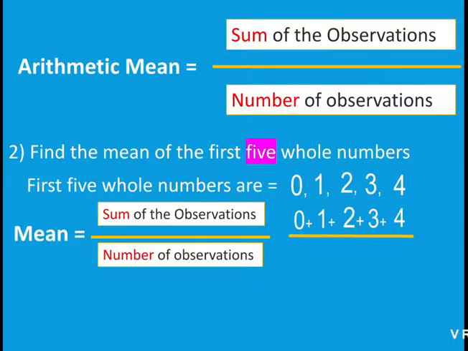We divide the sum by this 5. So find the sum first. 0 plus 1 plus 2 plus 3 plus 4 is 10, by 5. We know 10 by 5 is 2, is the answer. So mean of first 5 whole numbers equal to 2.